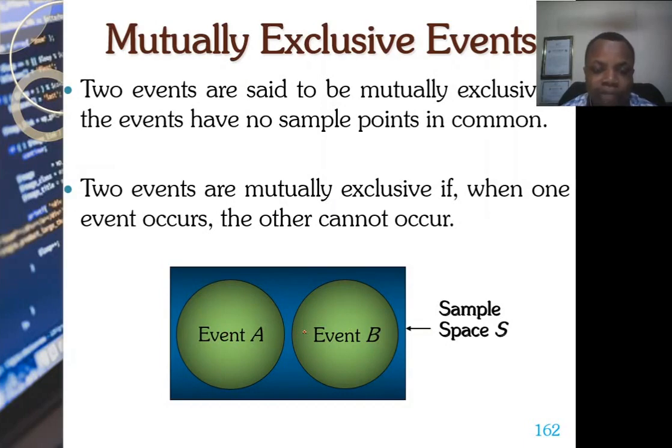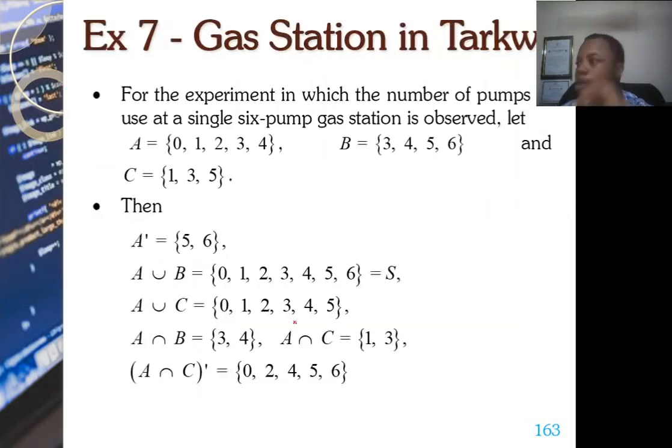So these two events cannot occur at the same time. Anytime you hear the word mutually exclusive, it means the events under study have nothing in common, and hence they cannot occur at the same time. So let's take a look at some examples.